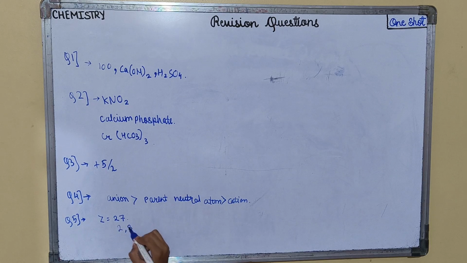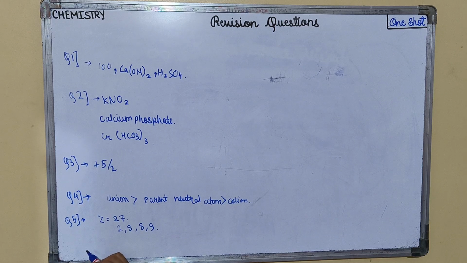So this is 2, 8, 8, 9. So 9 is the last shell number. That is why the answer is 9.